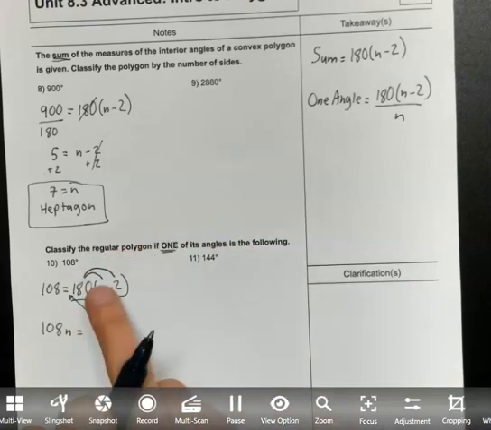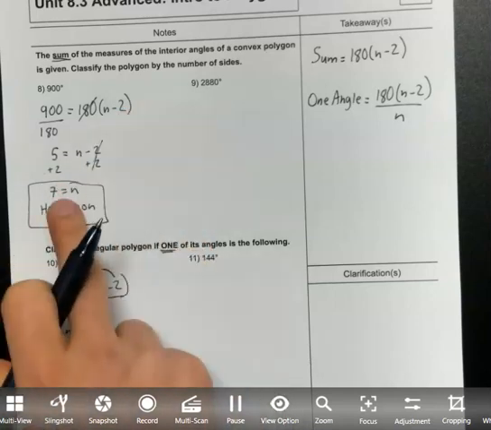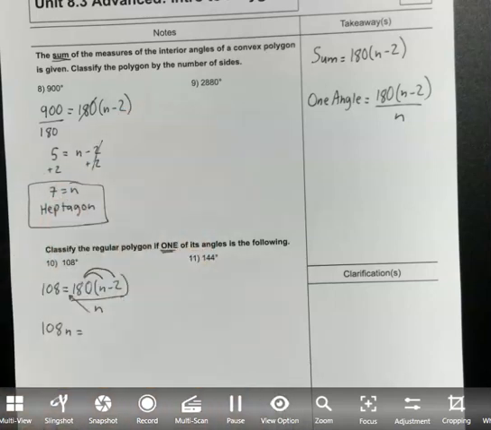And the reason why I'm distributing this time and I didn't that time is because on that one it has to evenly divide. Because we're solving for n, you're never going to get 5.5 sides. You're going to get exactly whatever number of sides you have. Here, this 180 does not evenly divide, so I'm going to distribute it.